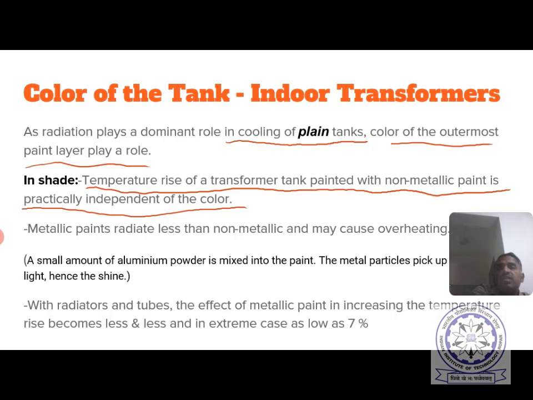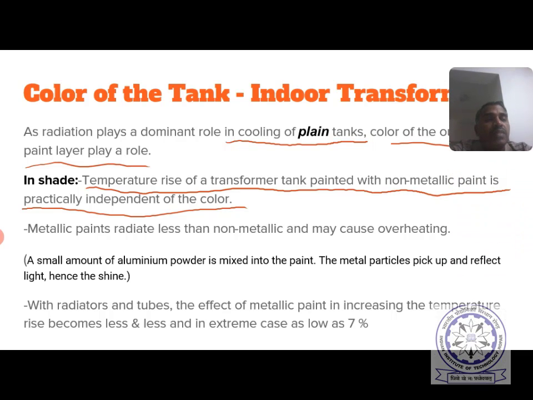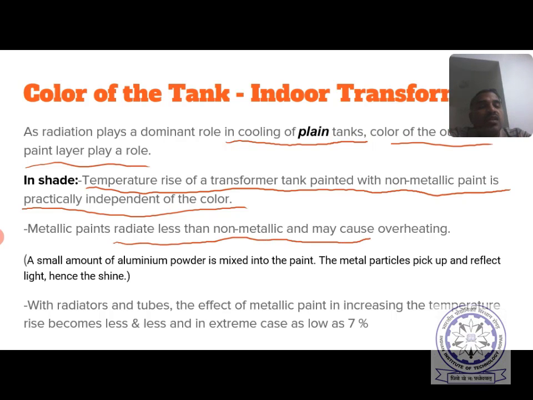In shade means an indoor transformer. But metallic paints radiate less than non-metallic paints and may cause overheating. This is the problem. Normally, by general perception, people think that metals may radiate more heat.